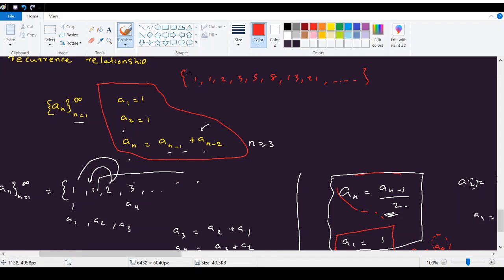Now there are several applications of the Fibonacci sequence also, but we are not going to discuss them here, but it's quite an interesting sequence that exhibits some nice properties. And in the next couple of videos we will go over some definitions and theorems related to sequences.